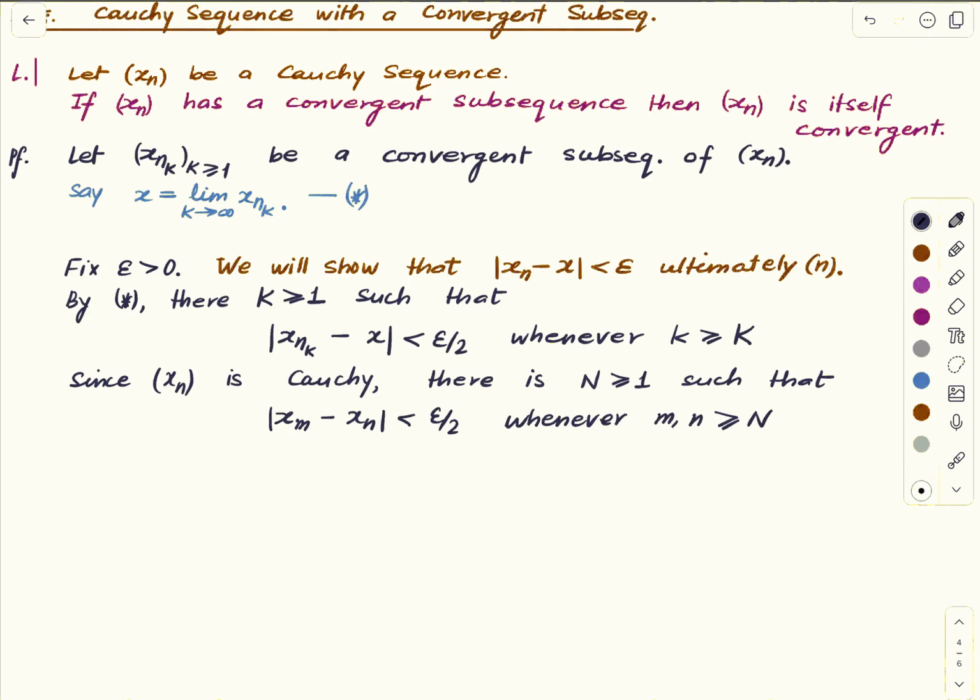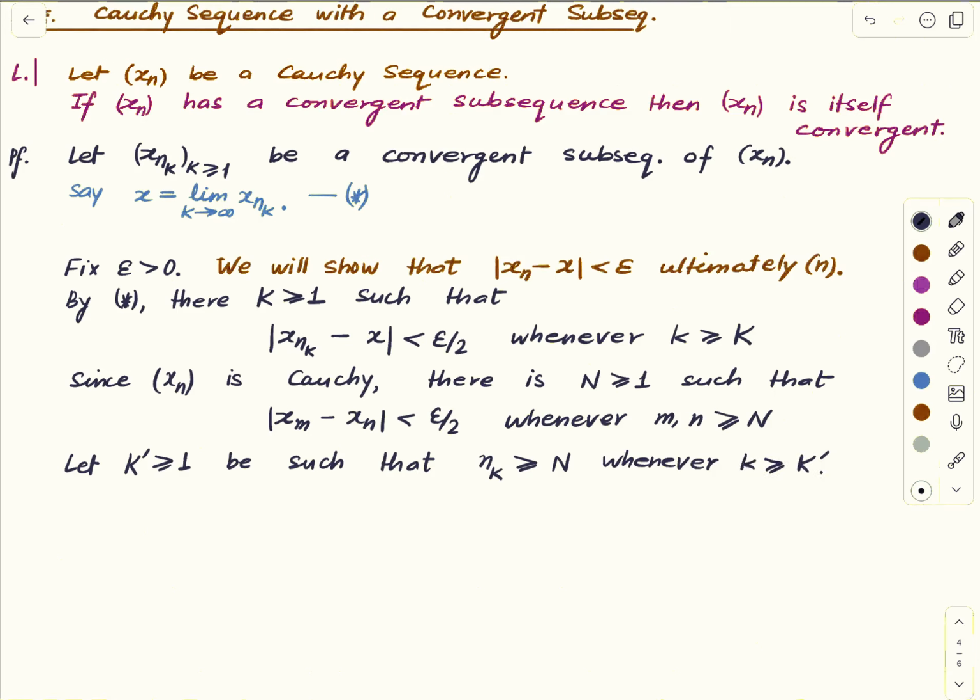So now let K prime be large enough such that n_k exceeds N, or is at least N, whenever k is at least K prime.